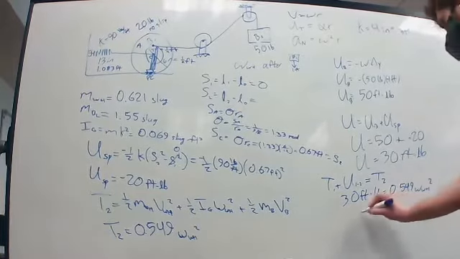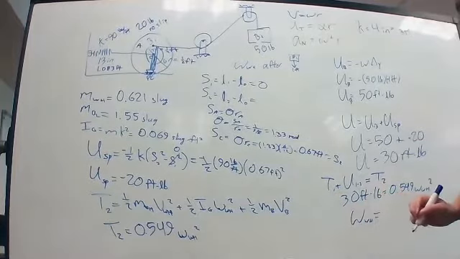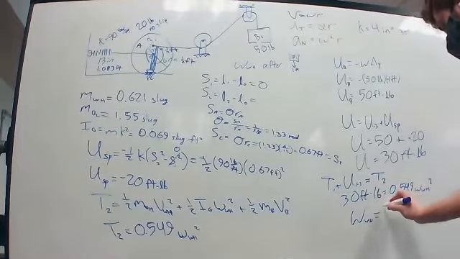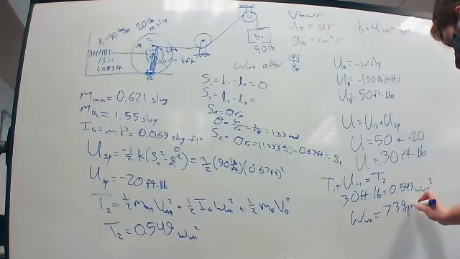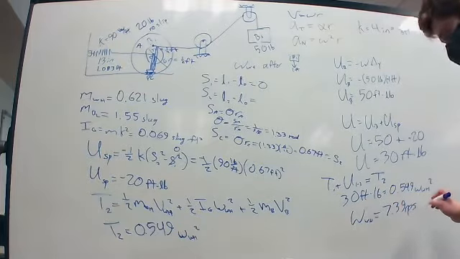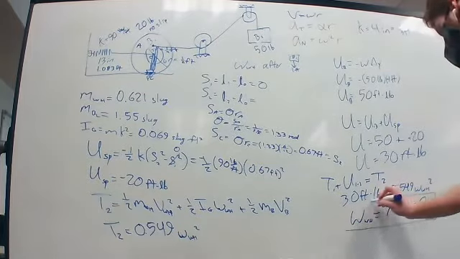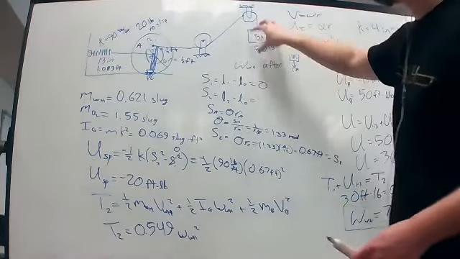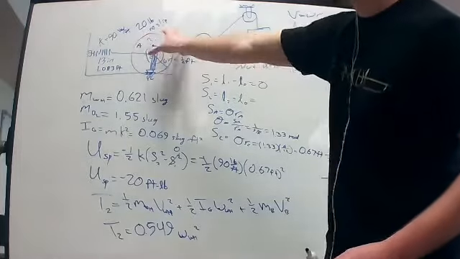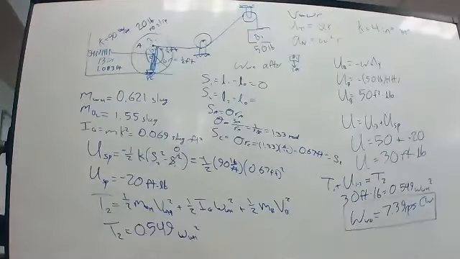Divide that over, square root, and omega of the wheel is equal to 7.39 radians per second clockwise. We know that it's clockwise because as this block falls, the wheel is going to rotate right, which is a clockwise rotation.